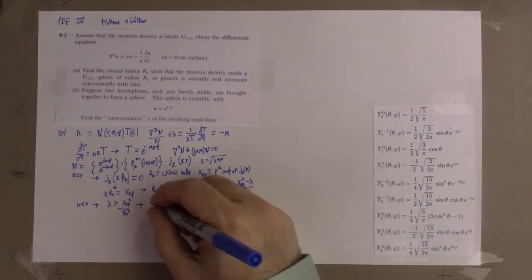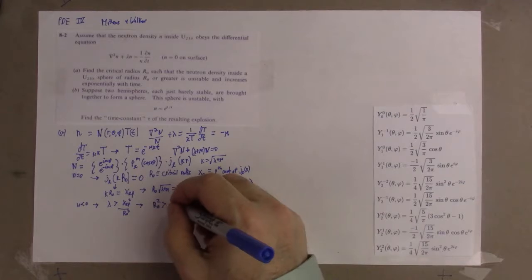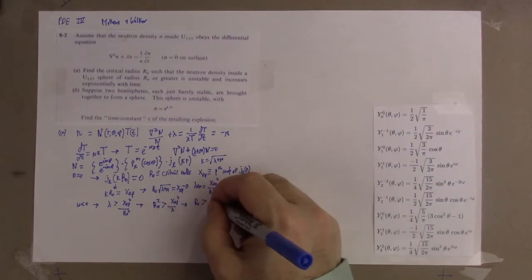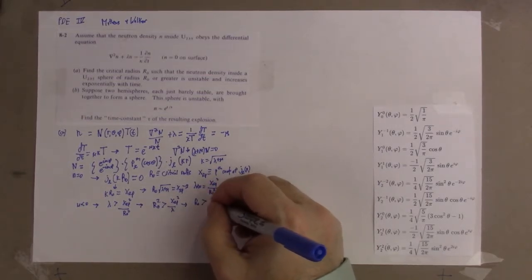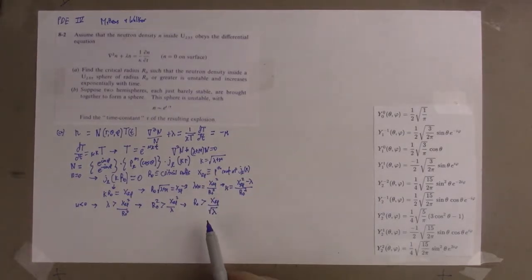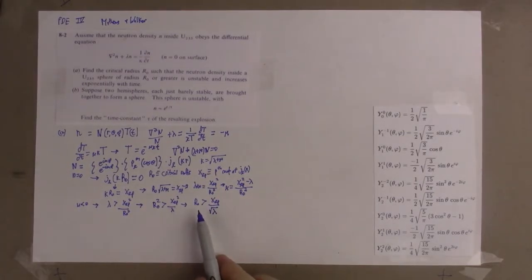means that R0 squared is greater than XLP squared over lambda. This implies that R0 is greater than XLP over the square root of lambda. And we really want the smallest value of R0.